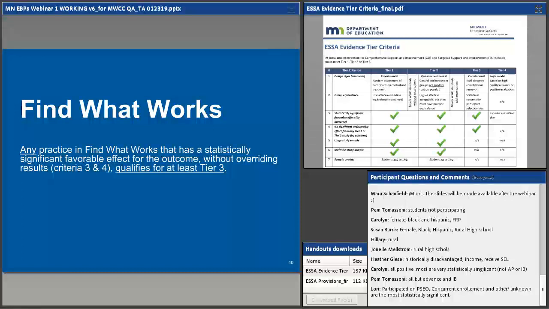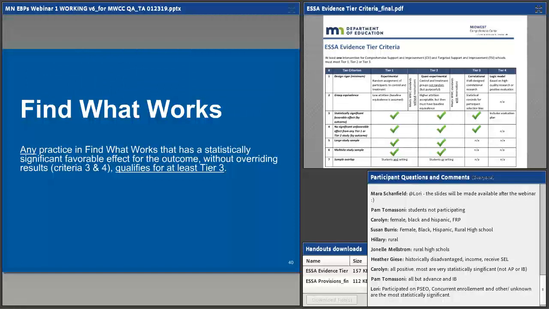So one important thing to remember is that any practice in the Find What Works database that has a statistically significant favorable effect for an outcome without overriding results qualifies for at least Tier 3. I'll repeat that again. Any practice that meets criteria 3 and 4 qualifies for at least Tier 3.